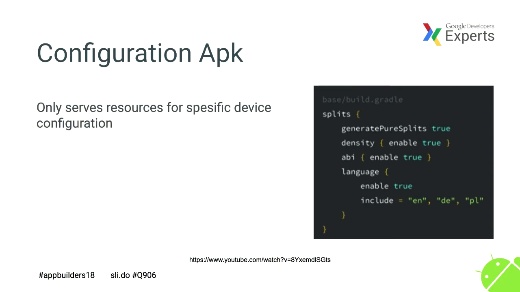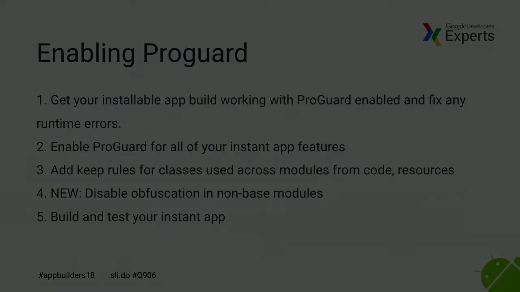If you use configuration splits, actually it has 3 dimensions: density, architecture, and language. For example, you give English and Turkish as languages, and there will be 2 different APKs for languages. If you are using your phone in English, then only the English APK will be downloaded, and that will be helpful for your application size. And the same with architecture and density.